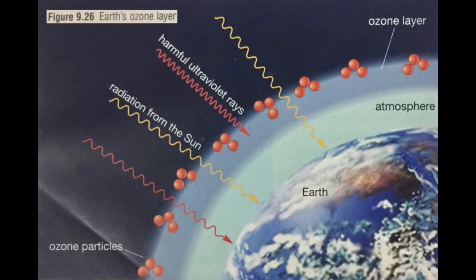When ultraviolet radiation from the sun reaches the atmosphere, ozone absorbs much of the UV radiation, preventing it from reaching Earth's surface. However, Earth's ozone layer appears to be thinning. Some chemicals used in aerosol spray cans are able to rise through the atmosphere and break down the ozone particles.